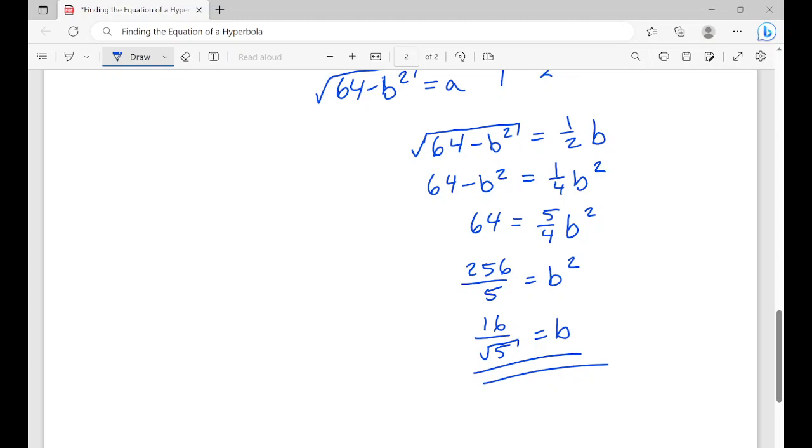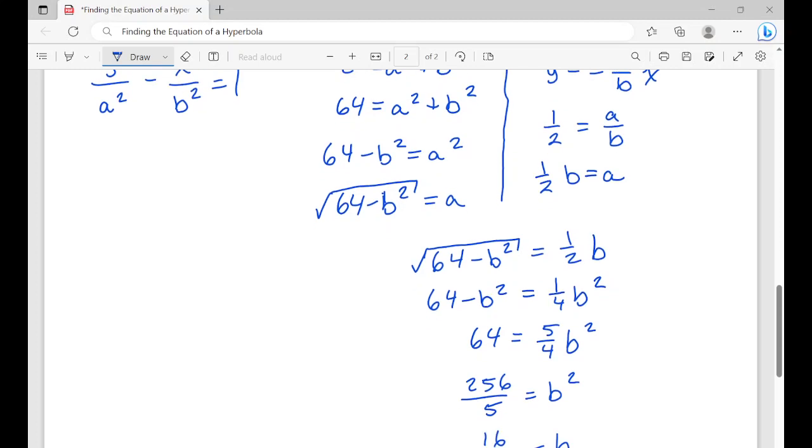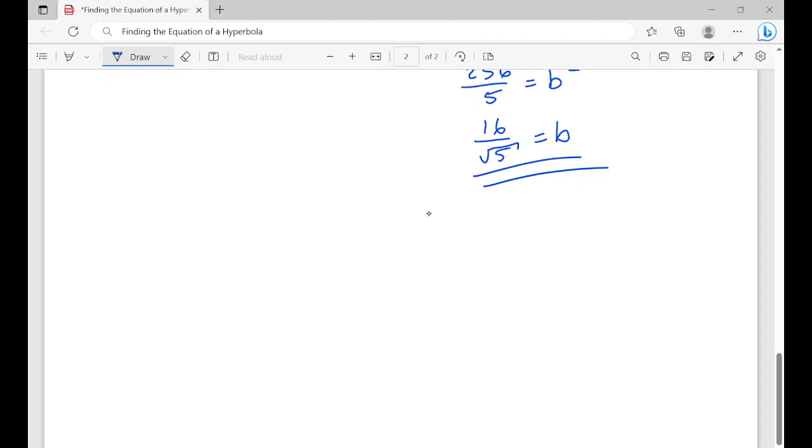So I now know what b is. Now I can go back and figure out what a is. So I'm going to go back to the original c squared equation, where I have 64 in, and solve for a. So 64 equals a squared plus b squared, so that's going to be 256 over 5.